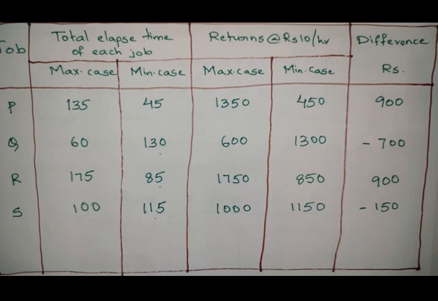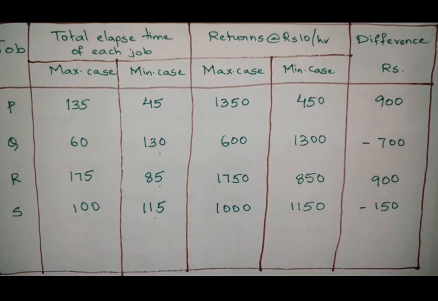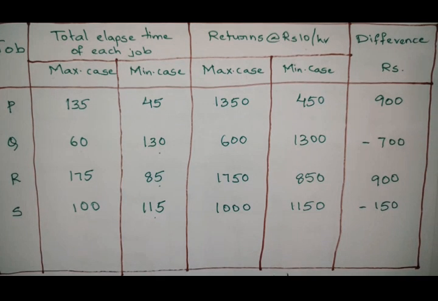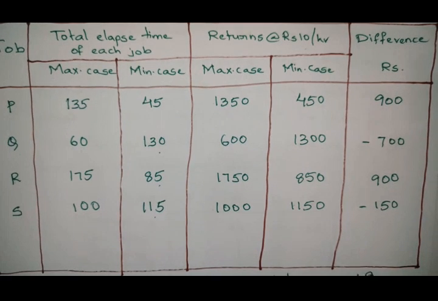Total difference is equal to 900 minus 700 plus 900 minus 150, and the value is plus 950.